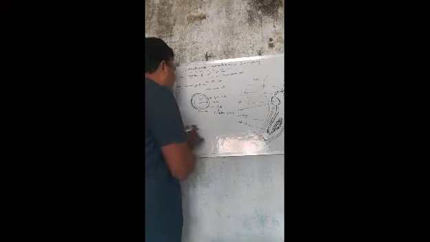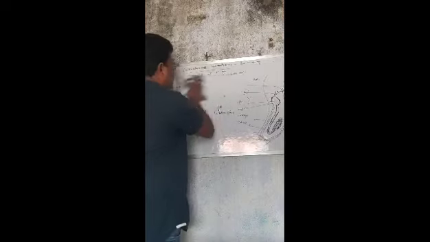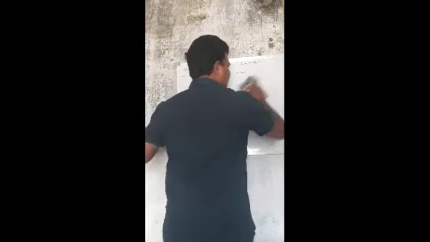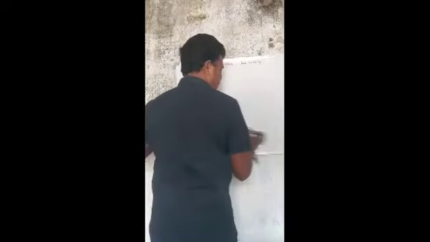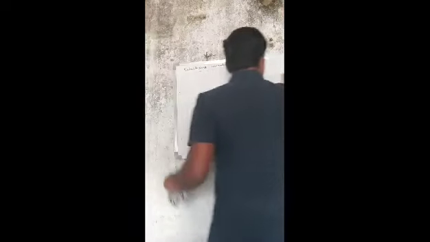So this is the zygote. Now come to the structure here. This is the oral sucker.